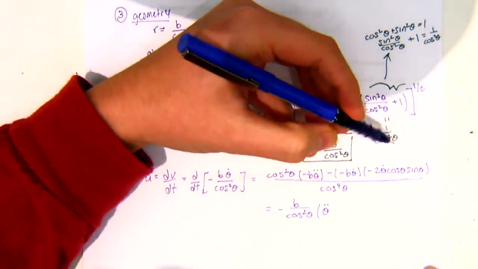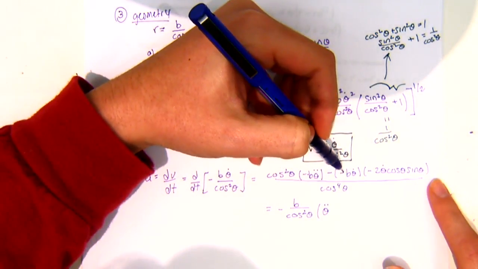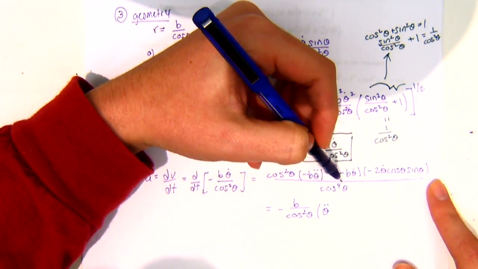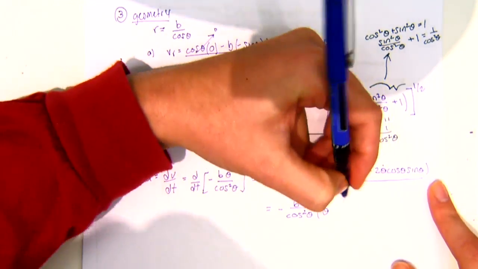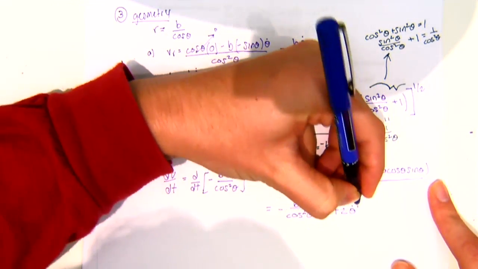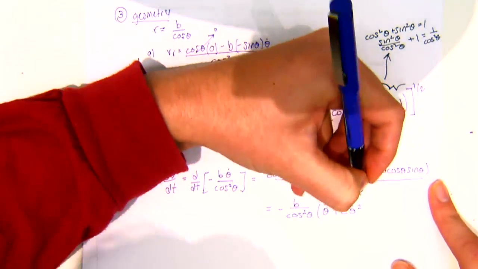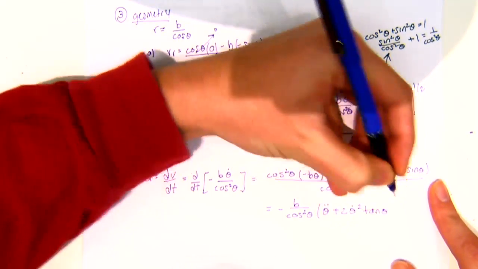Then if I look at this term here, and I divide by the cosine squared, I end up with plus 2 theta dot squared times tangent theta.